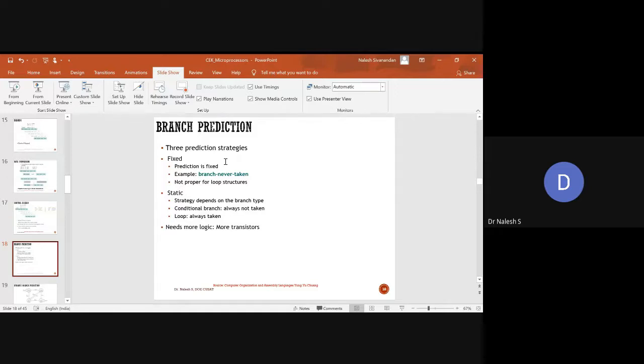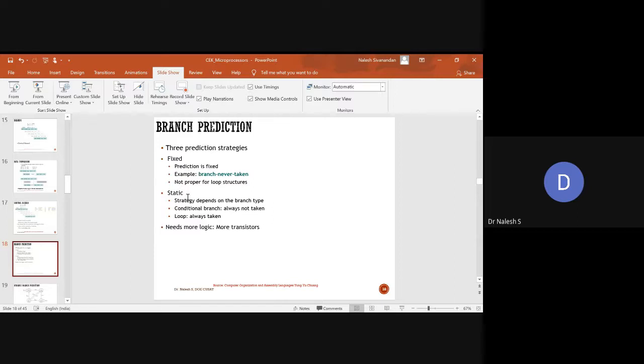If you remember what happens in loops, you reach the end of the loop and you are always going to jump to the target, so you can't continue. So branch never taken is not a good strategy for loops. That is fixed prediction.